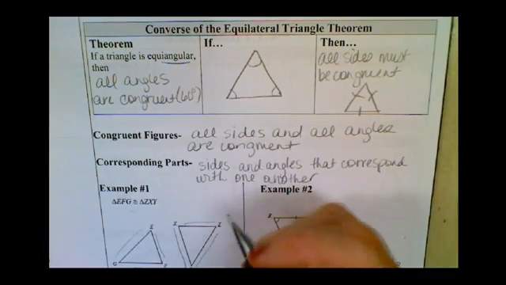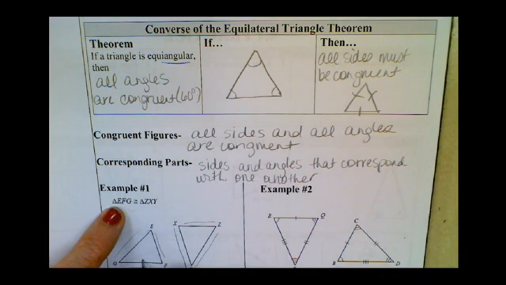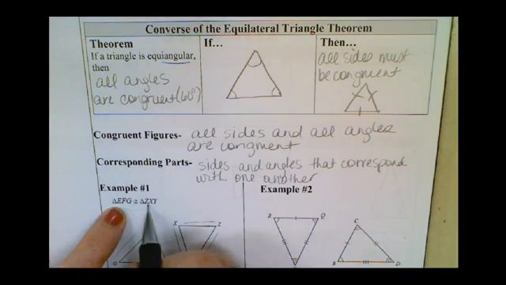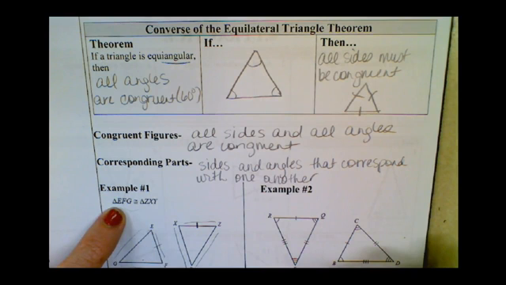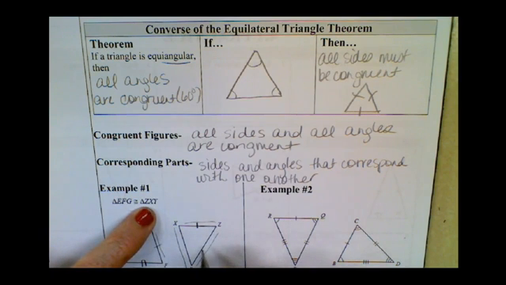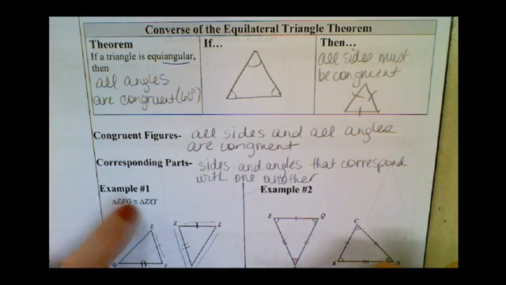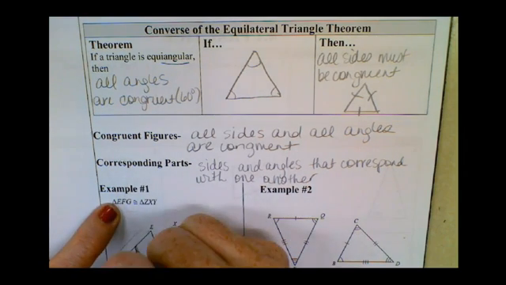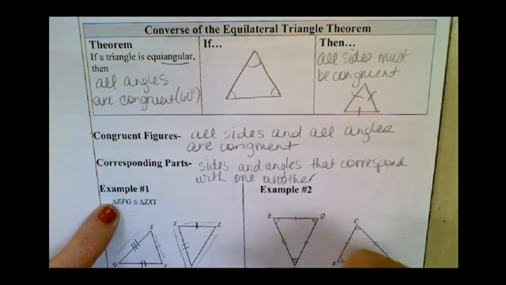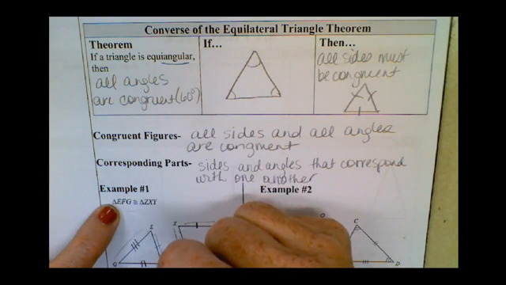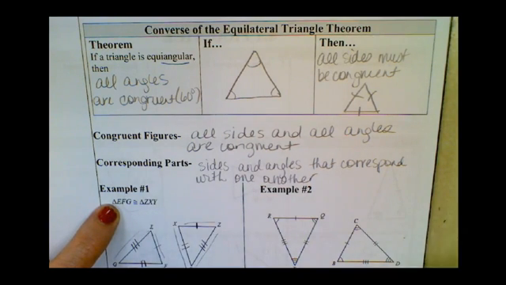We can start with EF is congruent to ZX, so those can get our first tick marks. FG is congruent to XY, and then coming around from G back to the beginning, GE is congruent to YZ.